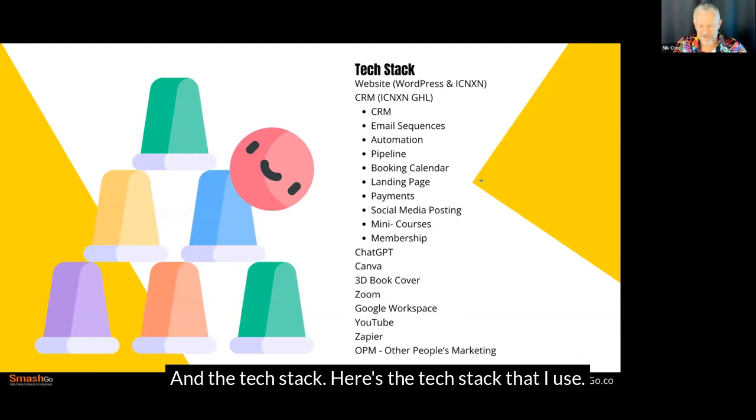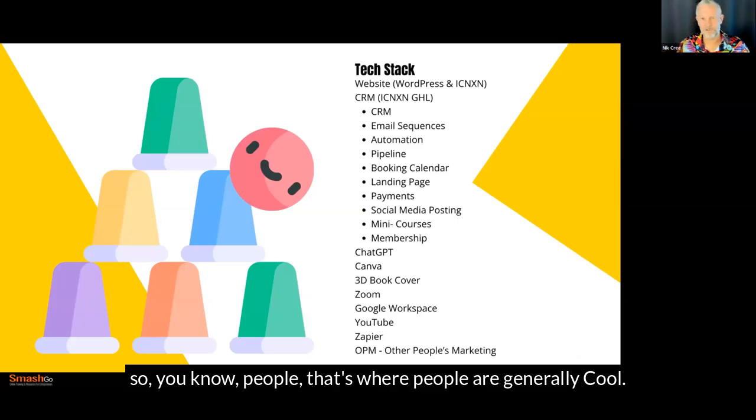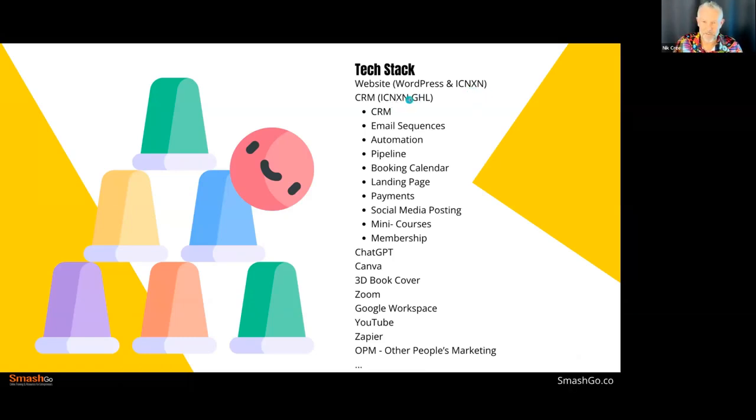And the tech stack. Here's the tech stack that I use. Website. You should have a website. So that's where people are generally going to you. So I happen to use WordPress and iConnection, which is a CRM, Go High Level.